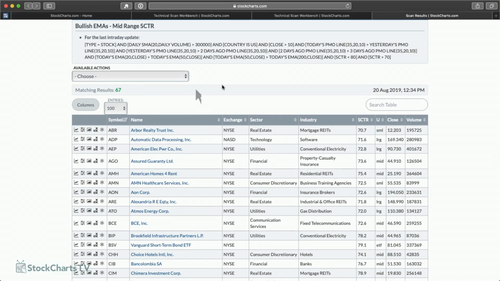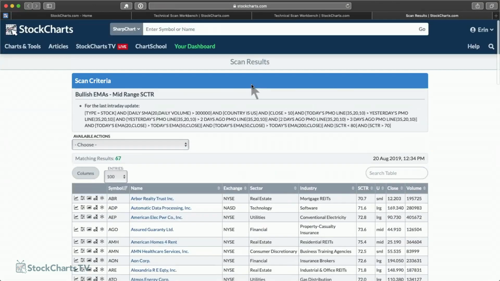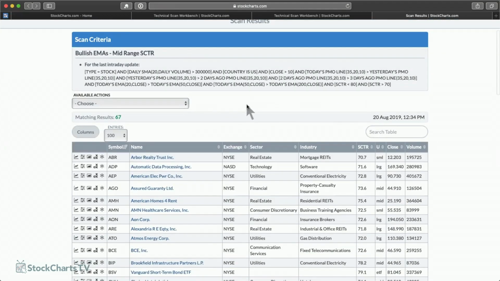This is giving me trading ideas and opportunities. But yes, if you run it every day, you will probably get some of the same results daily, but you're going to have some that fall off and some that are added. So you have to determine where you want to really pinpoint your searches.